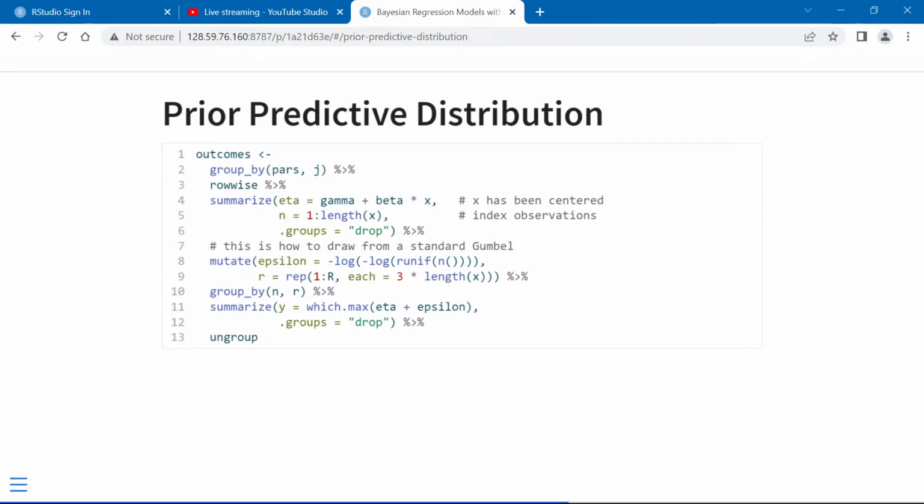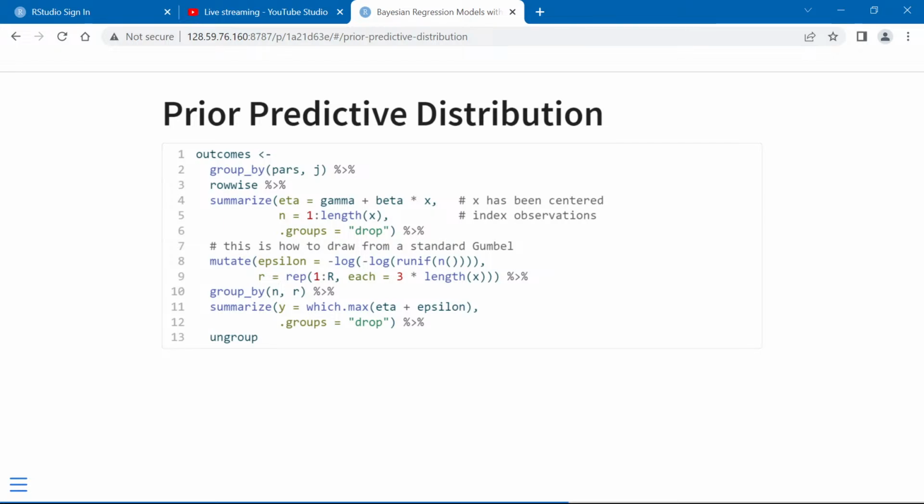Negate the logarithm, so that's going to be a positive number. Take the logarithm again, which may be positive, may be negative, and negate it again. Convoluted process, but it's not even really that convoluted, but that's what characterizes Gumbel random variables.